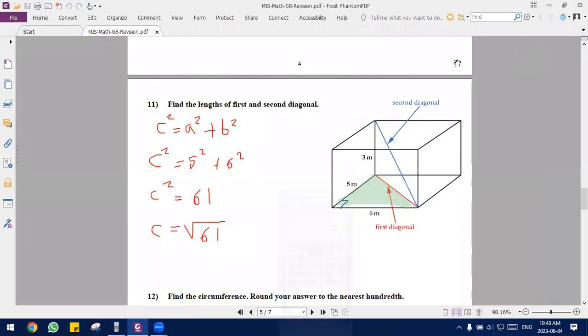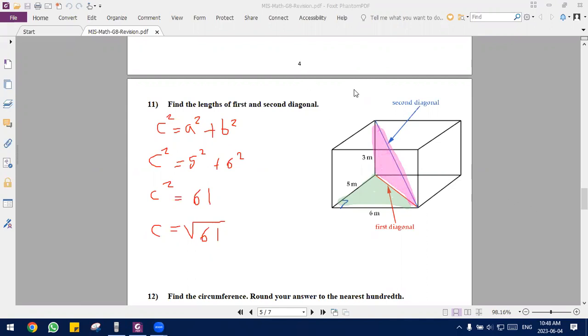Now I need to find the second diagonal. Let me draw the triangle that I need to use. Let me color it, sorry. So now I will use this triangle, the one that is standing inside the cuboid.